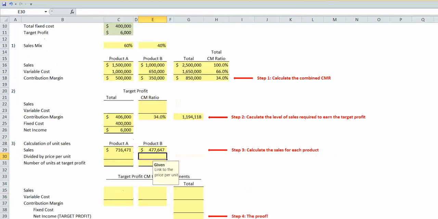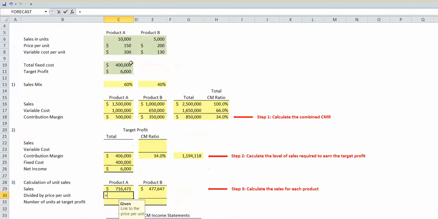$477,647. If we want to calculate the number of units required, we simply take each one of our selling total sales and divide it by the sales price. So for product A, $717,471 in sales divided by a $150 per unit sales price means we need to sell 4,776 units.